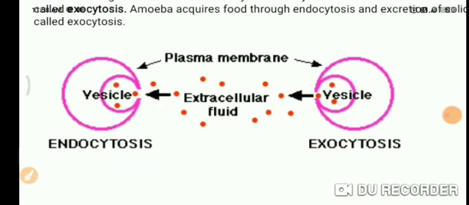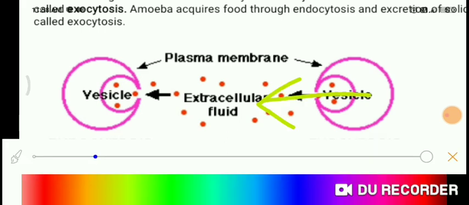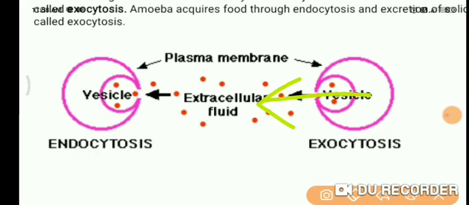exo and endocytosis. What is happening here? When the molecules are moving outside the cell, it is known as exocytosis. See, in this case, water or any molecule is moving outside the cell. This is known as exocytosis.